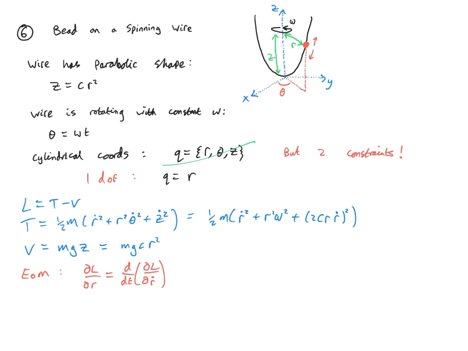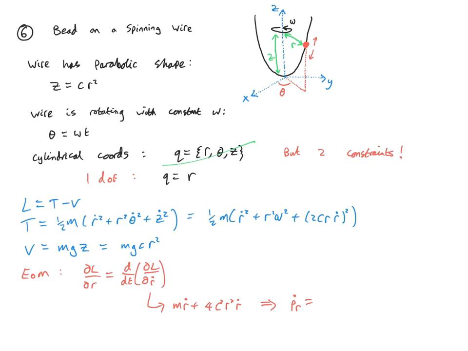So let's just work those terms out term by term. dL by dr dot is m r dot plus 4 c squared r squared r dot. And if we take the time derivative of that, that thing is called p_r dot.